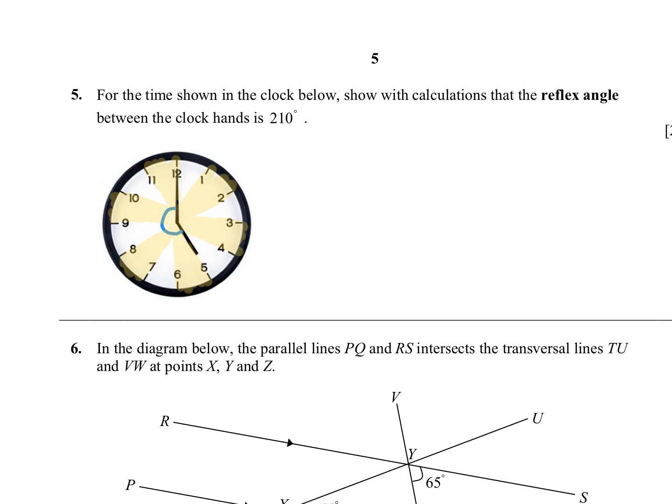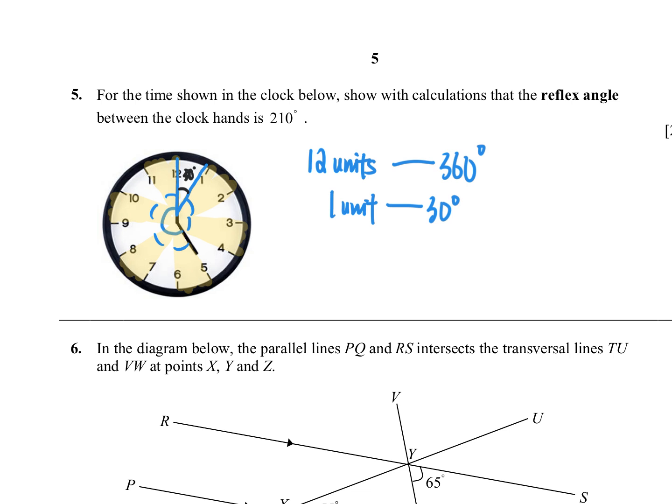Total how many? 12. So actually 12 units. All these 12 angles that you see here represent 360 degree. So 1 unit is 30 degree. So just one block of these that you see here represents 30 degree.